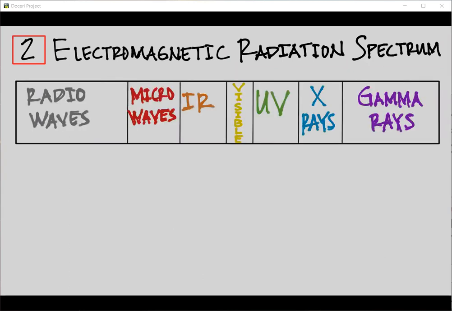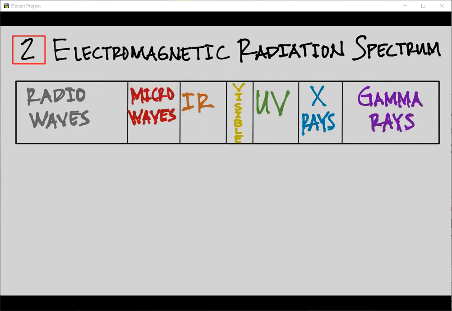So this is what the spectrum looks like. I know this is basically summarized. You have the gamma rays on the far right-hand side of the spectrum, and then you have the X-rays, UV, visible in this order. So you have IR, microwaves, and radio waves.